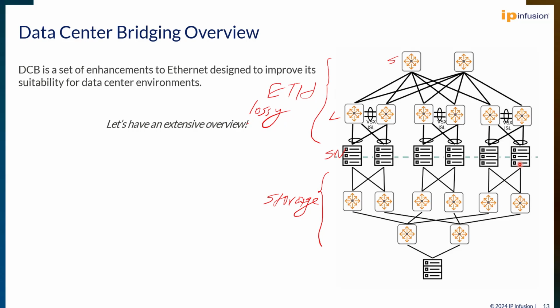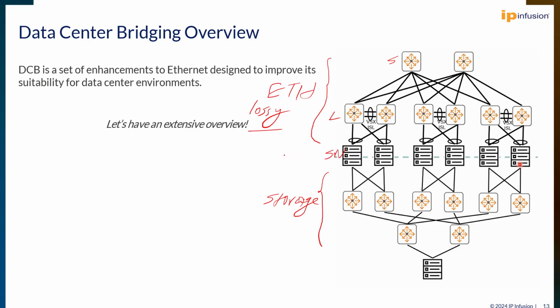Then the sender is responsible for sending those packets again, and also based on windowing it's going to reduce the number of packets that are sent at the same time, and also reduce the speed of the transmission. So that is the lossy nature of Ethernet network, and that's okay.